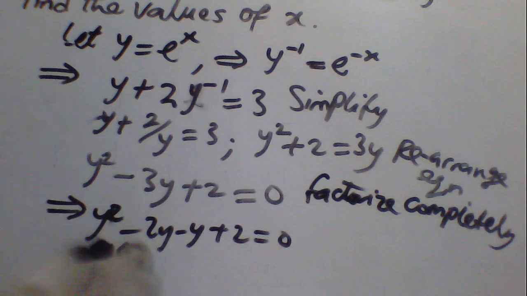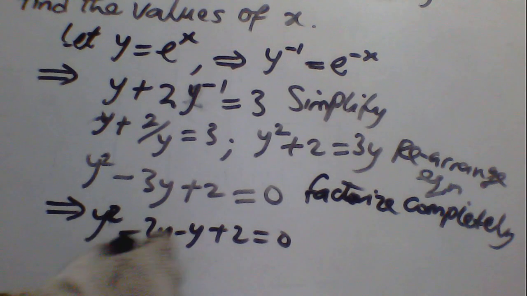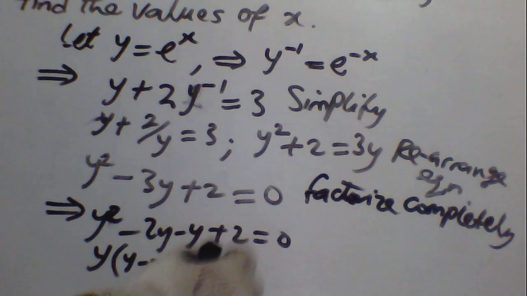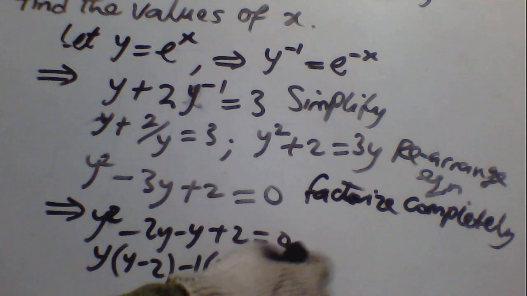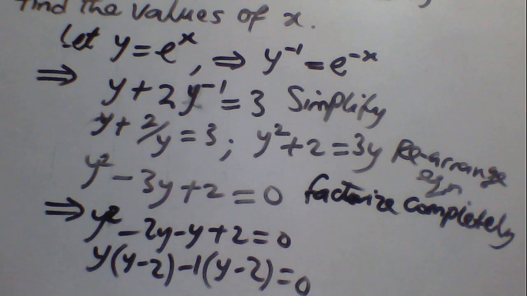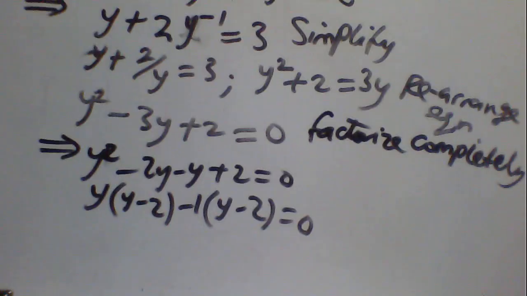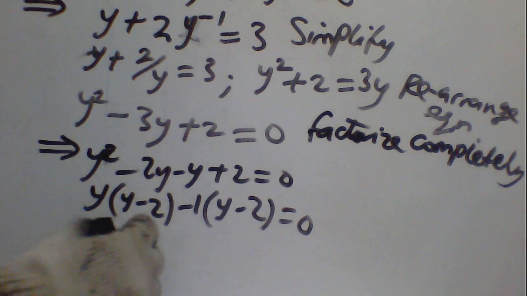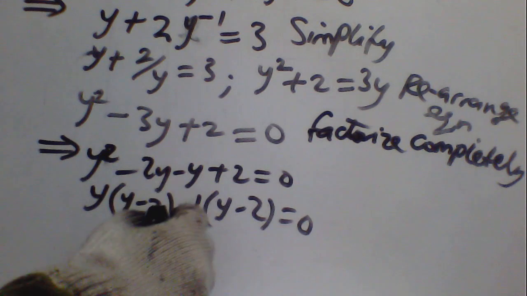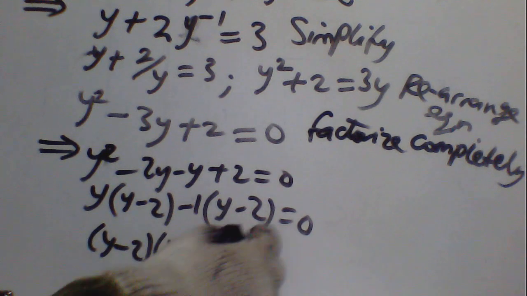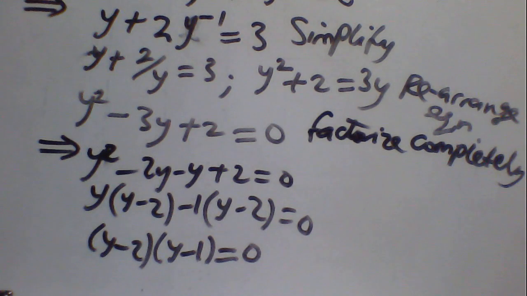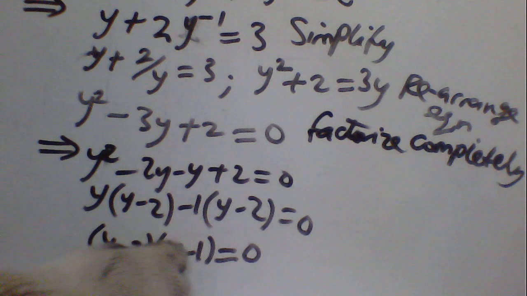So y is common, you bring it out, you have y minus 2, minus 1 is common, you bring it out, y minus 2 is equal to 0. So you have y minus 2 times y minus 1 is equal to 0. Equating each to 0, you have that y is equal to 1 or 2.